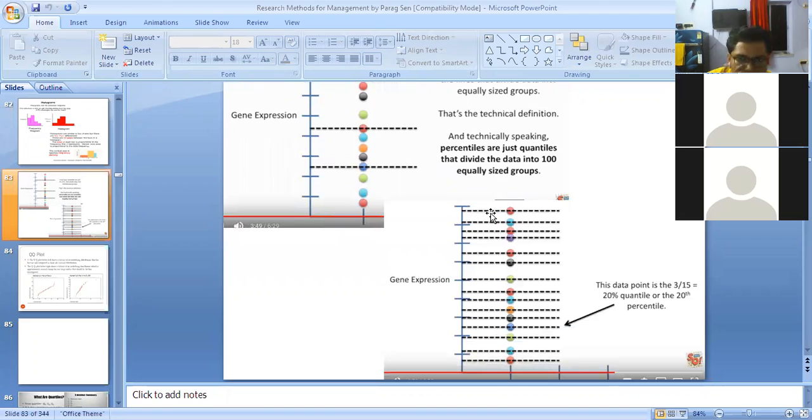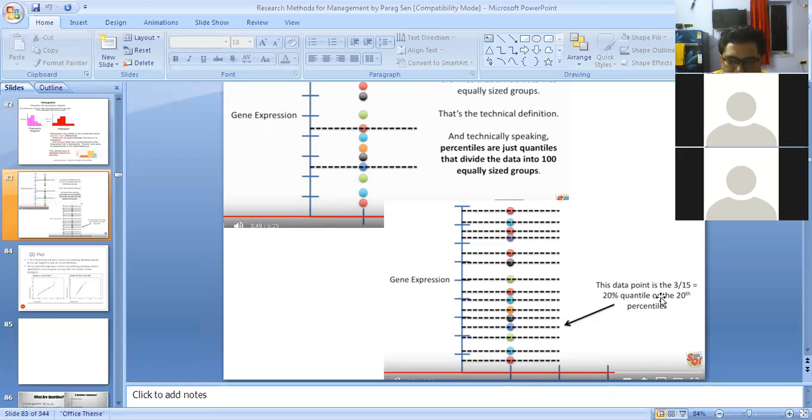So suppose here you can see that there are 15 data points. Now let's have a look at this data point. Underneath it, there are 3 data points. That means 3 data points have values below it.